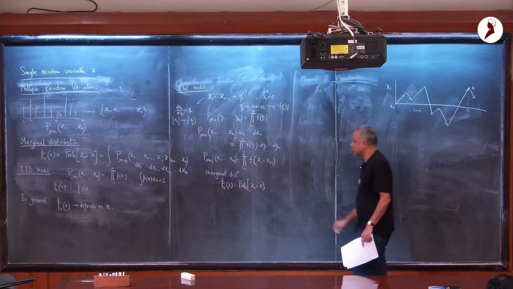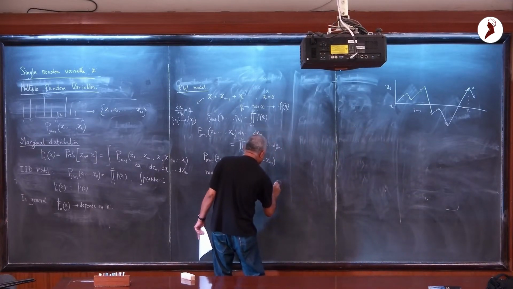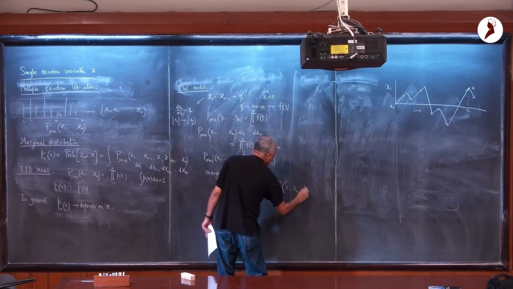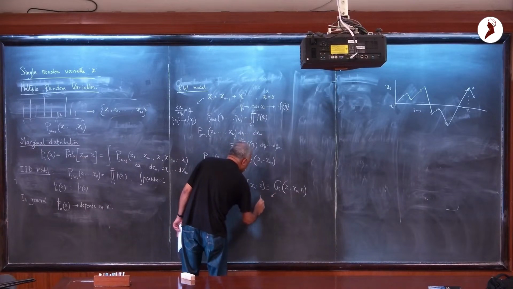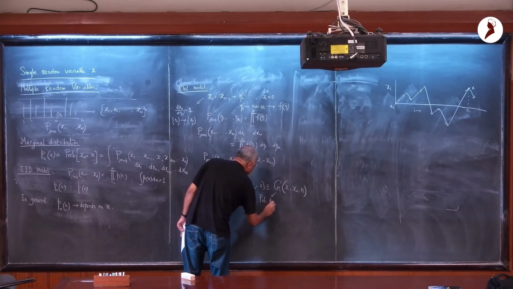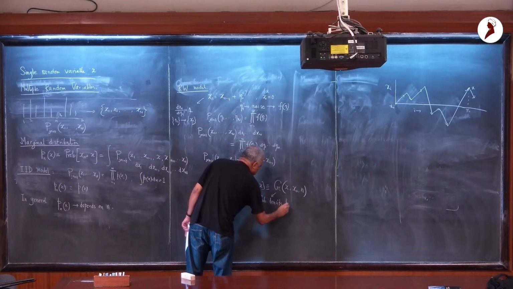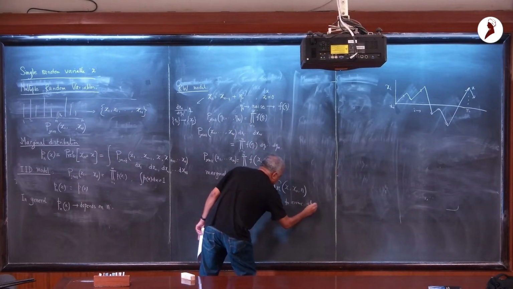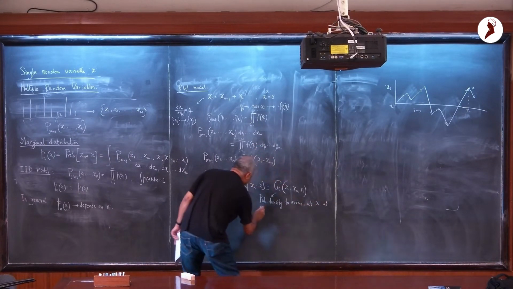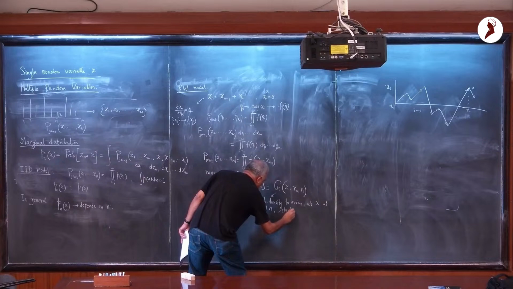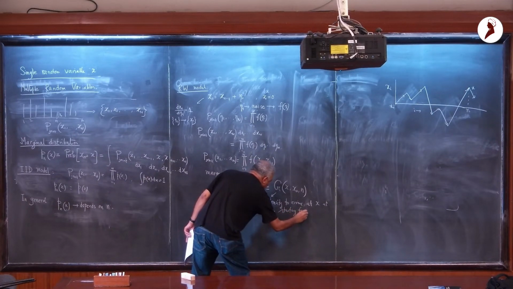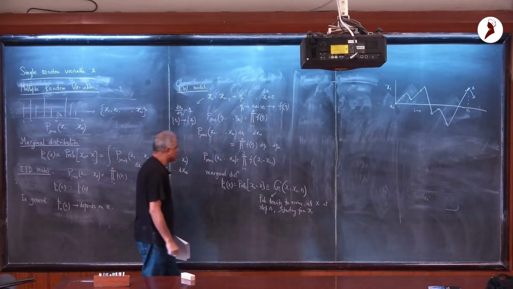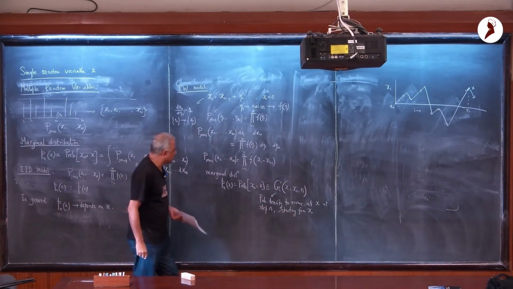So this is just the propagator, which means the probability density to arrive at x at step n starting from x0. Okay. So the marginal distribution of the nth entry is exactly the Green's function.